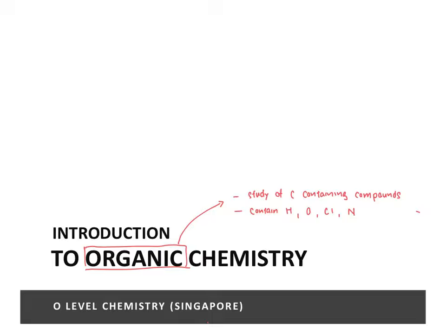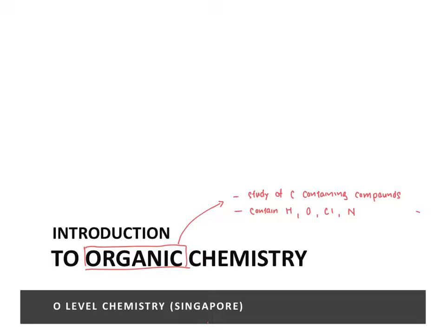Before we go into an in-depth study of this class of compounds, those of you who are sharper may be able to deduce some of the properties of organic compounds already. How so? Organic compounds contain carbon, most of them contain hydrogen and oxygen, and sometimes chlorine and nitrogen.